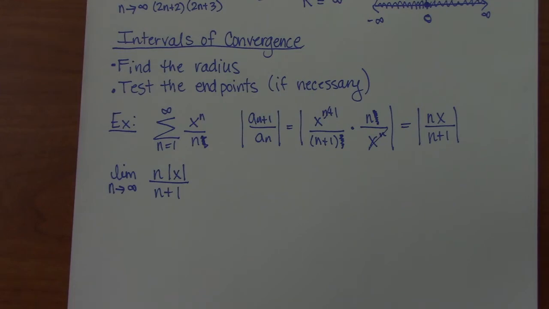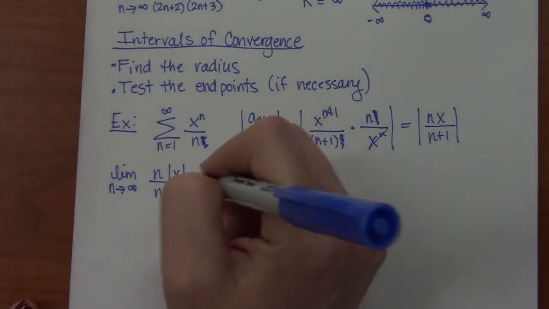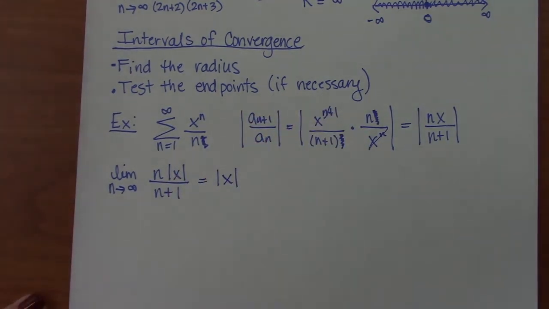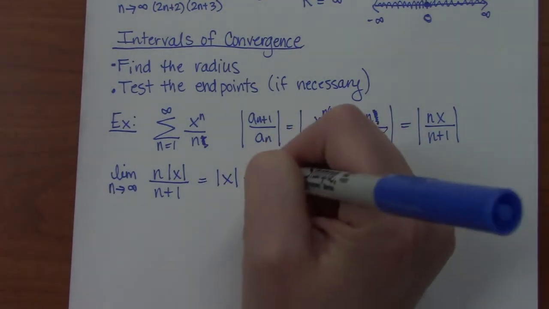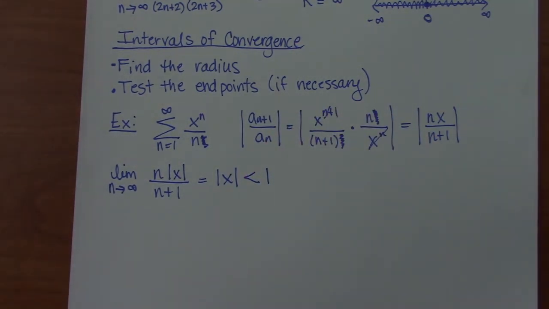Remember, I can take the x and pull it out front. So what's the limit of the n over n plus 1 stuff? 1. So this is just 1 times the absolute value of x. So in order for this to pass the ratio test, we need this to be less than 1. So we set the absolute value of x to be less than 1. And there's two things you can do from here.